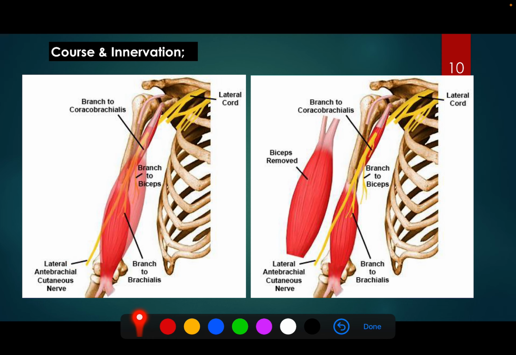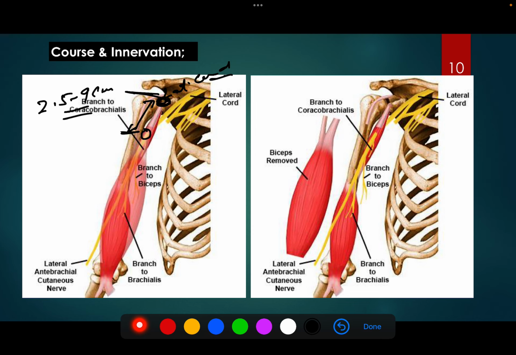Antebrachial means forearm, right? So how does it pass? What is the course? The course is, here is a lateral cord, right? It pierces the coracobrachialis muscle, and this distance from the coracoid process to this pierce is about 2.5 to 9 centimeters.